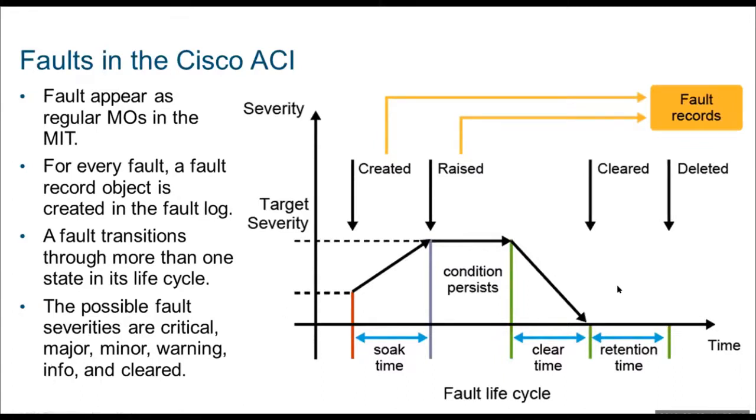Now, of course, it highlights when the fault is created. Soak time is a timer which you can change internally. There's a timer where it's saying it is waiting to see if this fault goes away.